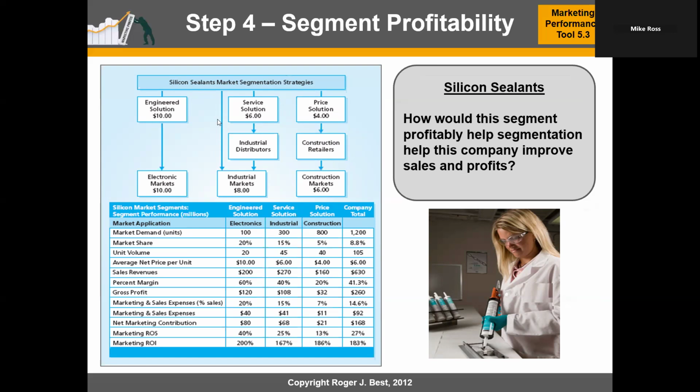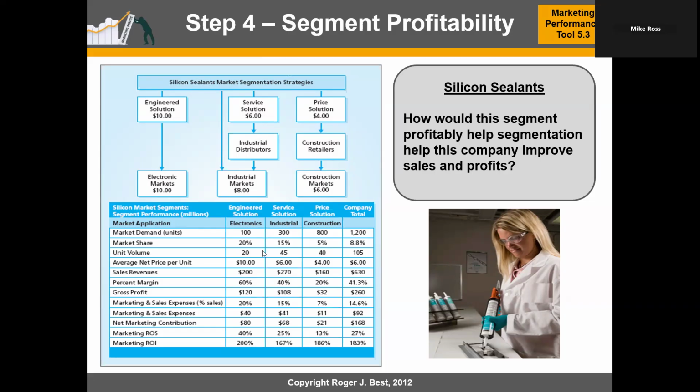We switch from insurance to maybe more of silicon sealants here. So how do I go to market? Is there a market application around sealants for electronics versus industry versus construction?